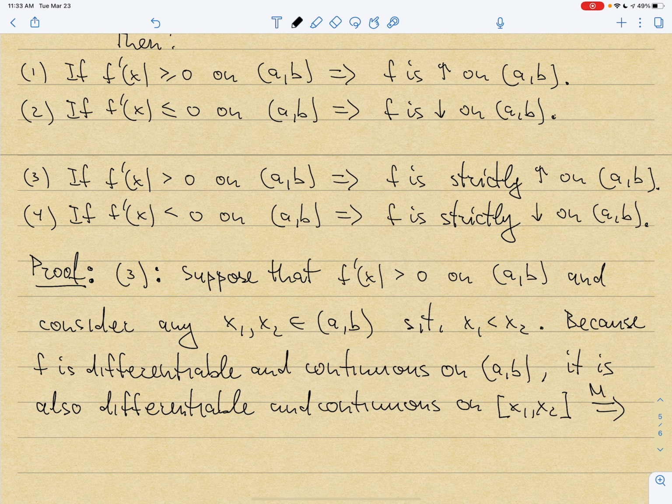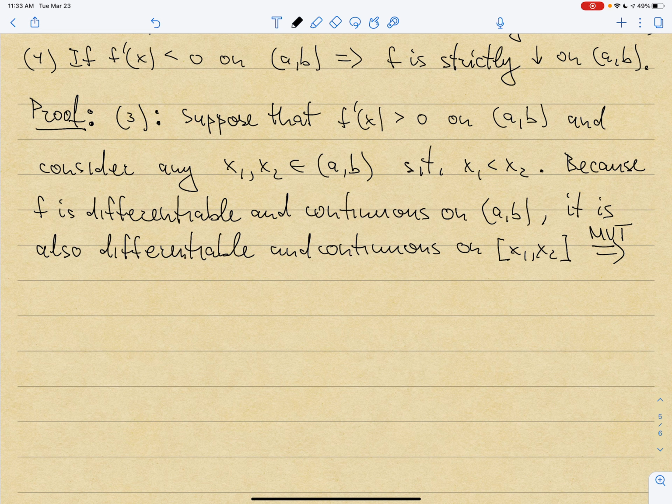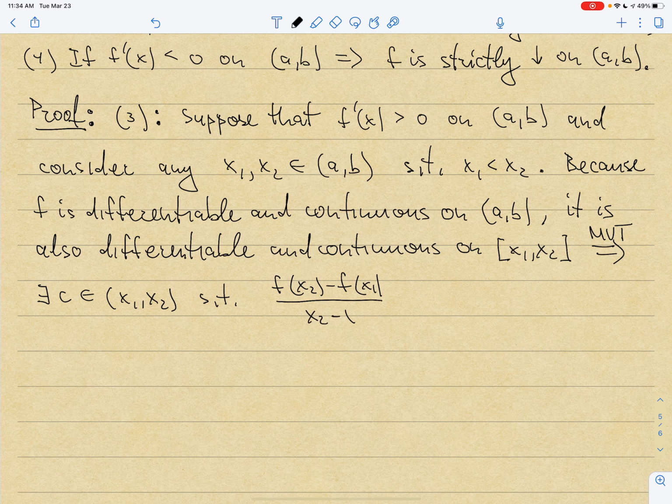And then I can apply mean value theorem, right? Because if the function is differentiable on an open version of an interval and continuous on a closed version of an interval, then mean value theorem implies that there exists a point C inside x1, x2 such that f of x2 minus f of x1 divided by x2 minus x1 is equal to f prime of C. And what I know about f prime of C is that this is a positive quantity, right?